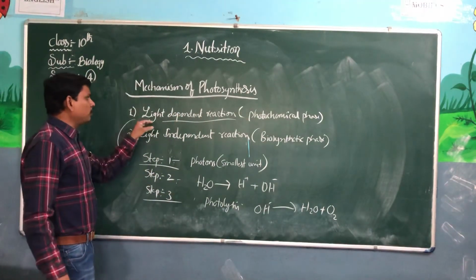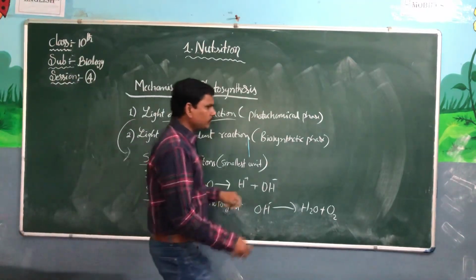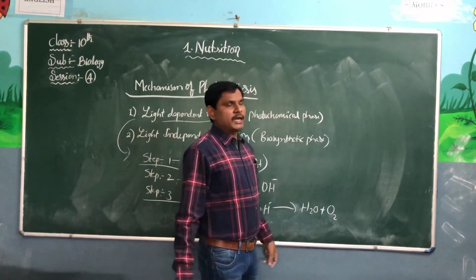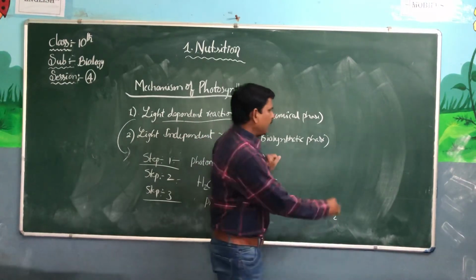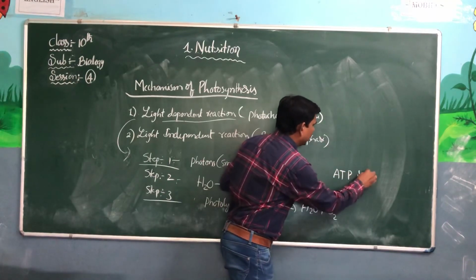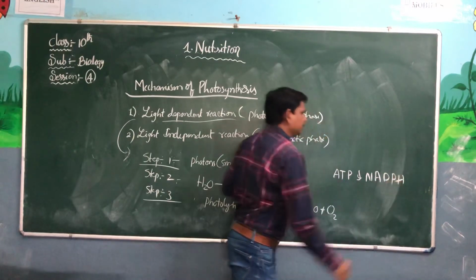What is the end product of light dependent reaction? After so many reactions take place in this light dependent reaction, the end product is ATP and NADPH.